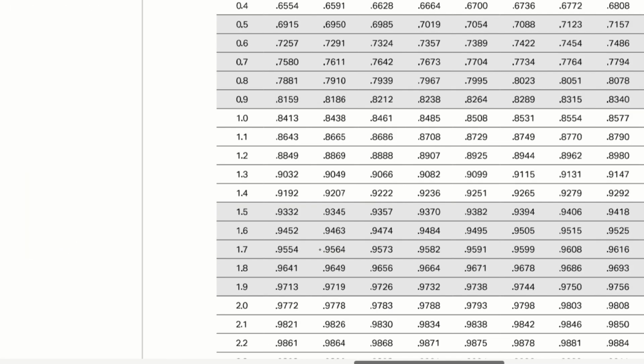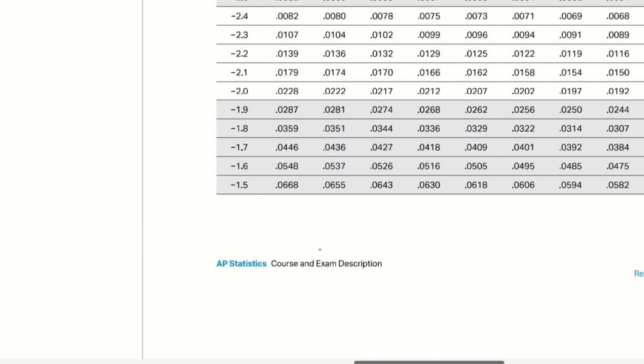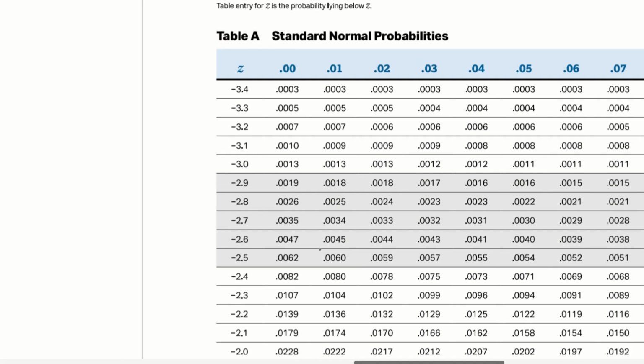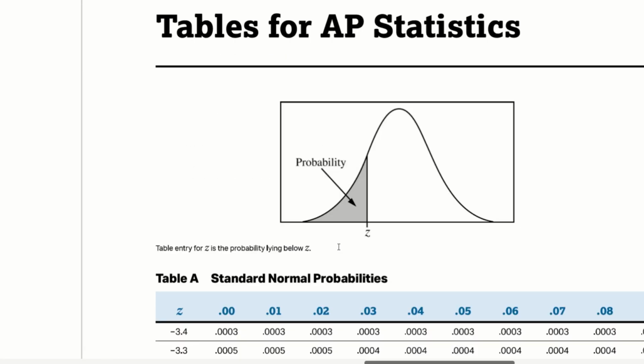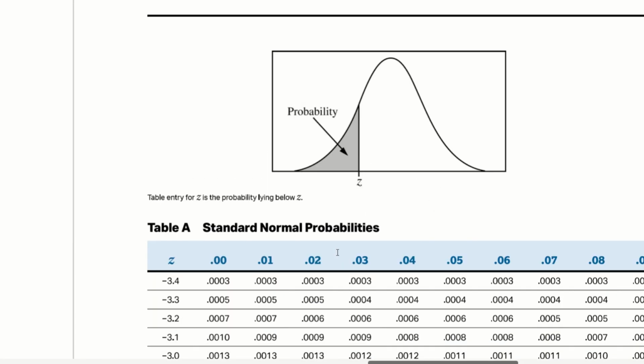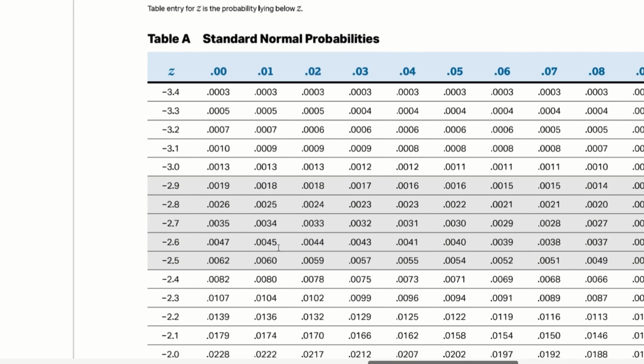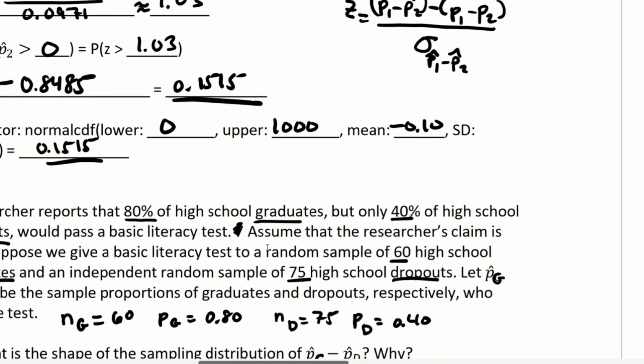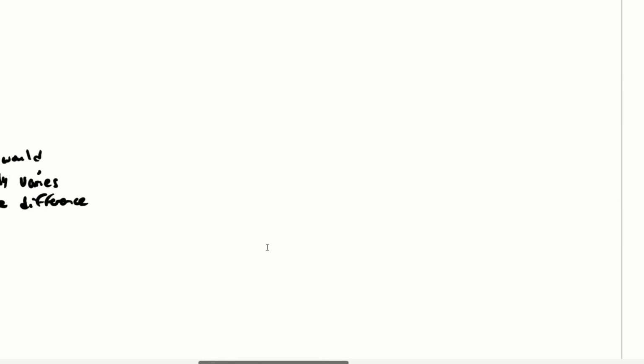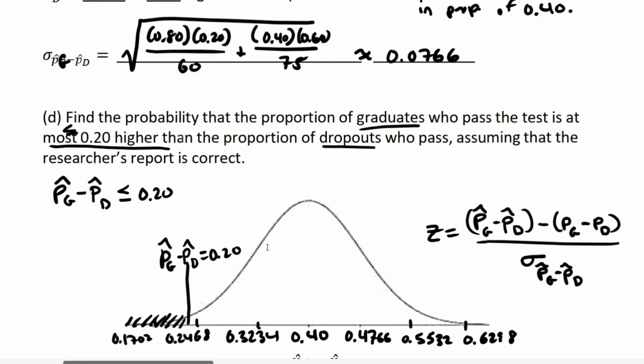It already gives you the area to the left, according to the table. We don't need the rest of this, so I'm just going to cross that out. So this is our answer.